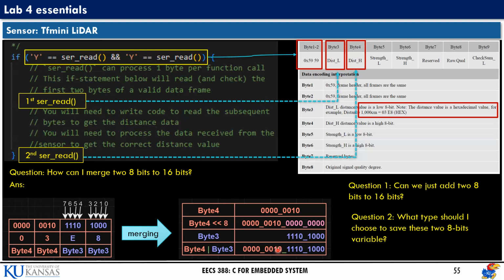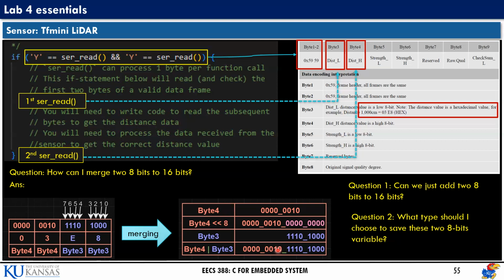But please try to remember this: we have to choose a type that is only 8 bits, because we know the data we are reading is 8 bits, right? For example, unsigned uint8_t can only store 8 bits, or we can also use the character. We know by default a character can only store 8 bits.